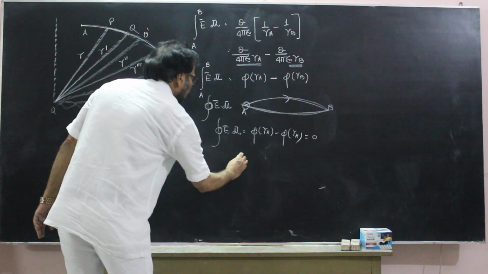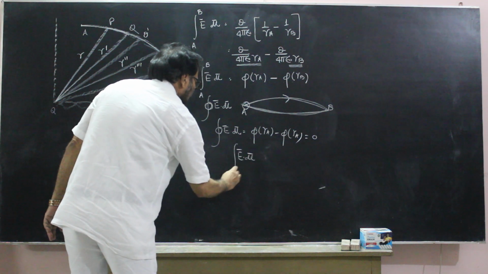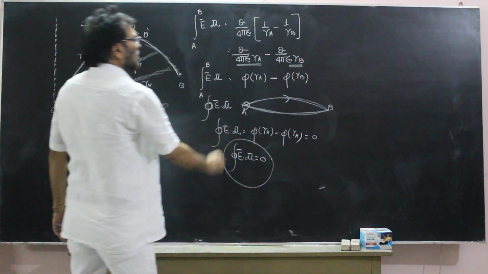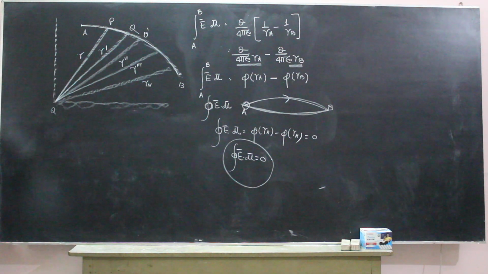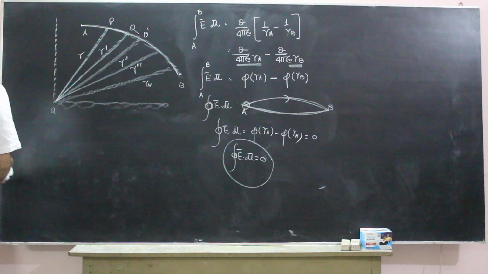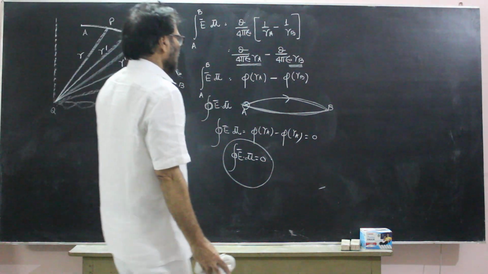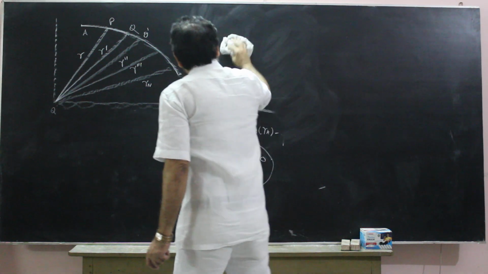So E dot dl in a cyclic path is 0. तो cyclic path के लिए E dot dl का वैल्यू मैंने 0 कर दिया, ये भी मैंने प्रूफ कर दिया. So E dot dl in a cyclic process is 0.